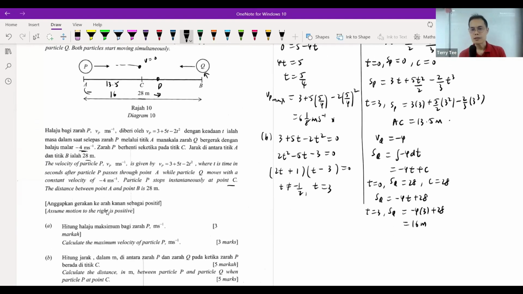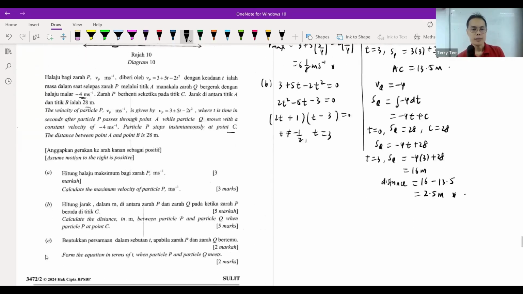So to find the distance between them, we take 16 minus 13.5. The difference is 2.5 meters. So this is 16, this is 13.5. The distance here is 2.5 meters when P reaches point C.